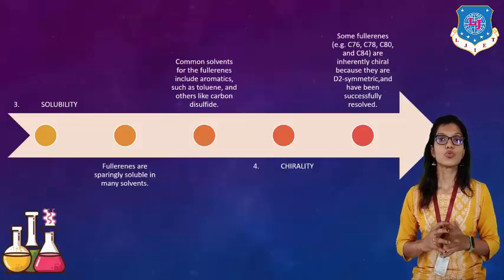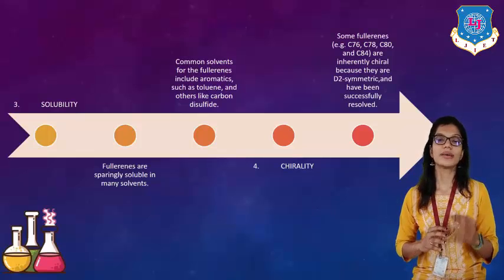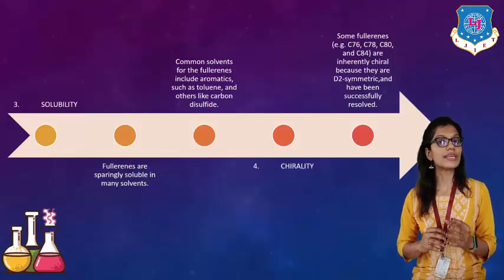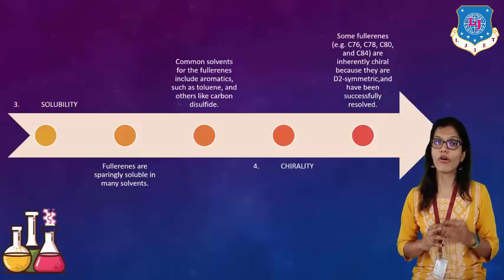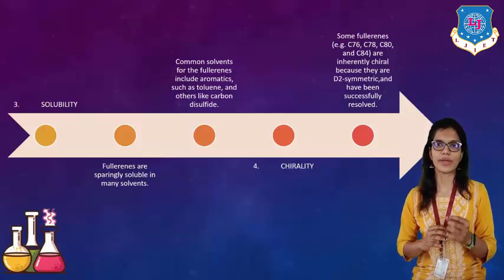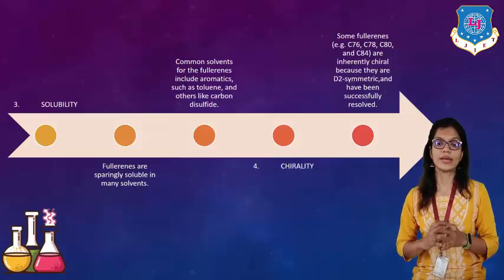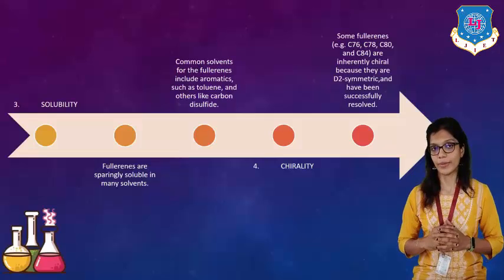Now, let's move ahead to its solubility. What do you mean by their solubility? Fullerenes are generally sparingly soluble in many solvents because they are made up of carbon, and when anything is made up of carbon, it's generally sparingly soluble. Right? Common solvents for the fullerenes include aromatics such as toluene and others like carbon disulfide.